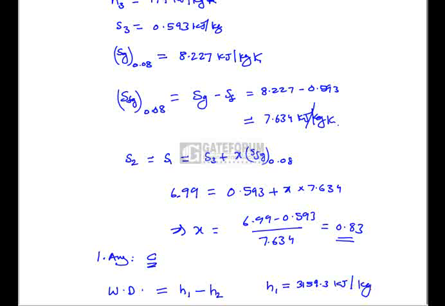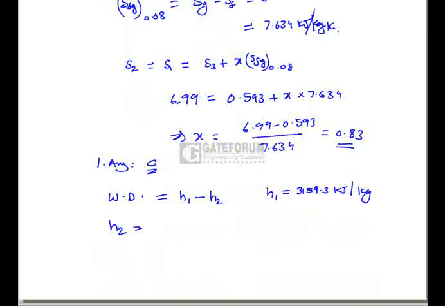So this is the enthalpy of the superheated steam at 360 degrees centigrade and 20 bar. And here we will have to find out H2. H2 is given by H3 plus X into HFG, where H3 is equal to H4 because the compression is an isenthalpic process, the pumping process is an isenthalpic process.